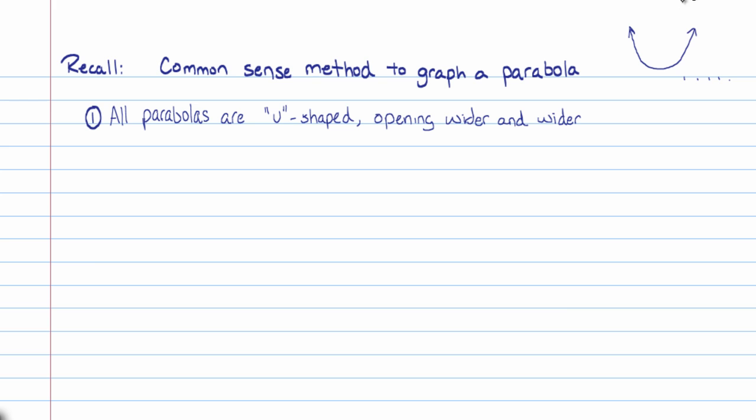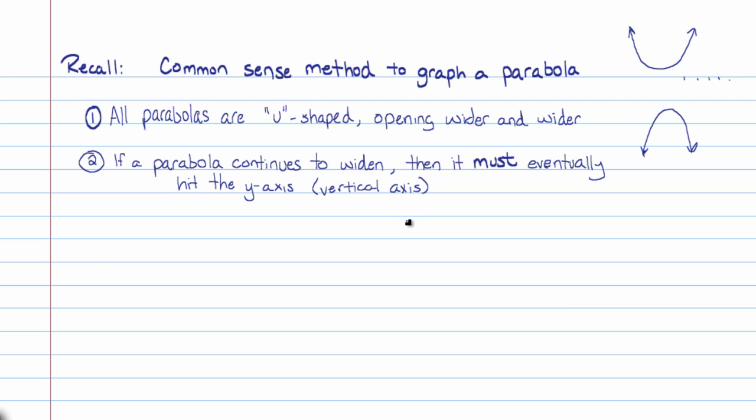It doesn't go straight up and down. And also we have those parabolas that look like this. They're upside down. And those also continue to open wider and wider. In other words, a parabola never goes vertical. It always slowly lurches wider and wider.